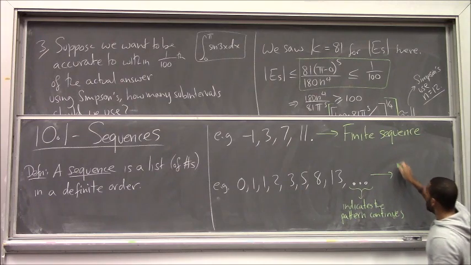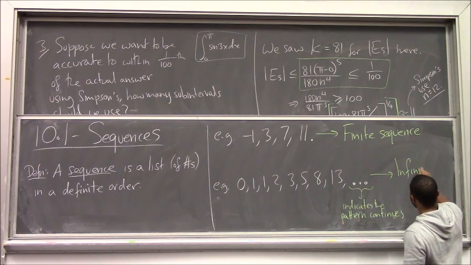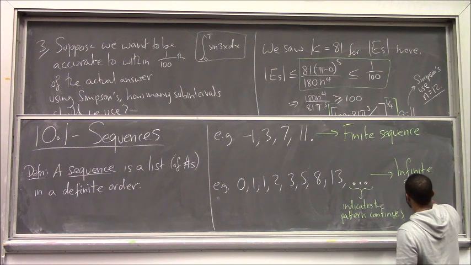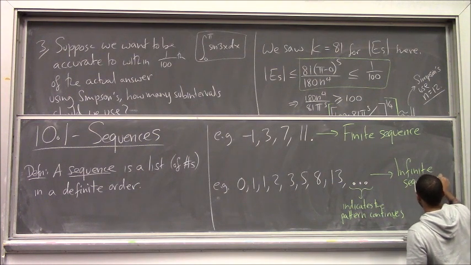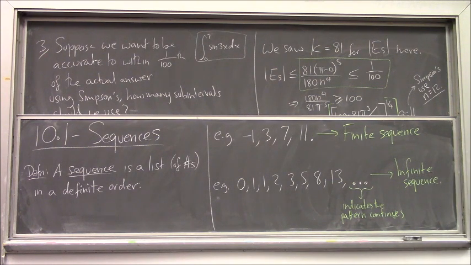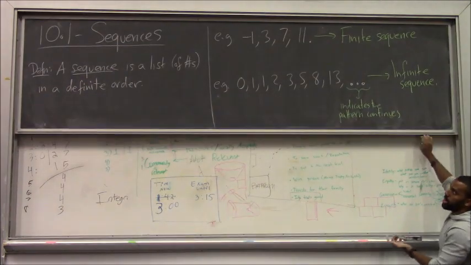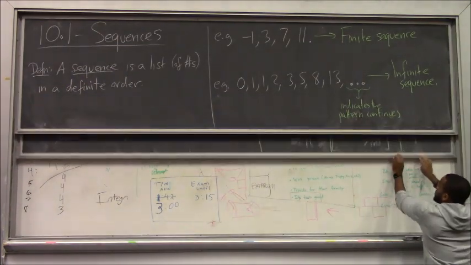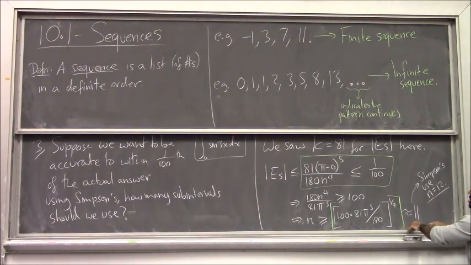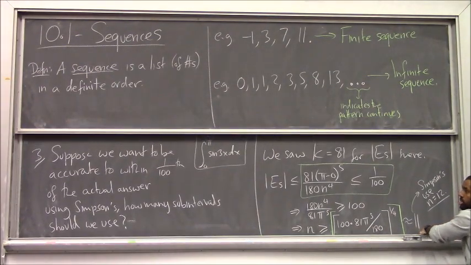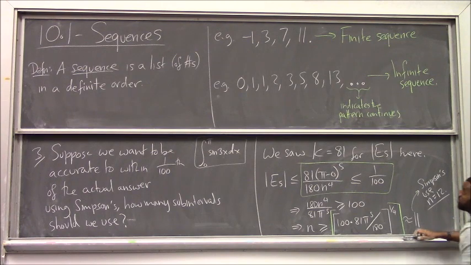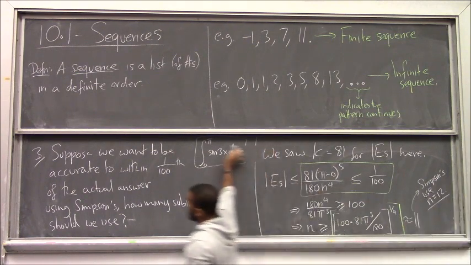So this is called an infinite sequence. It's just a list that goes on forever. Now there is a definite sense of order. There is a rule that I was following that tells me who should I write down first, second, third, fourth, etc. But the pattern just continues. I keep doing this forever in theory, and I can generate that list.